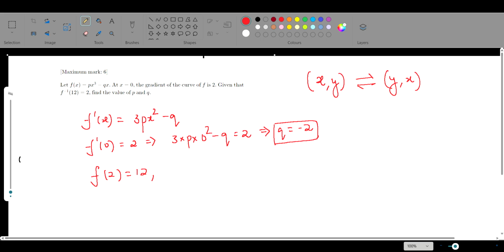How did you figure out the p and q? Simultaneous equations.